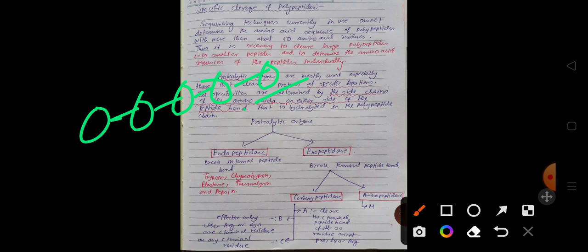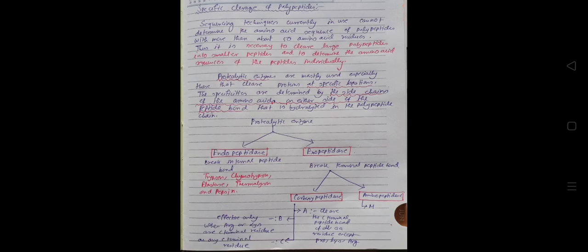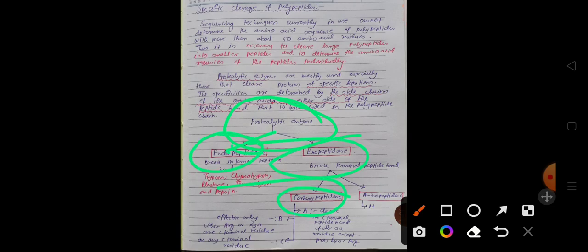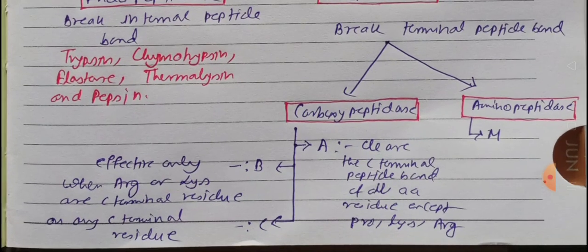So what we have to do is cleave it, not random cleavage but specific cleavage, so that we can get an idea about what type of amino acids are present in that particular protein, right? Then we learned that we will use proteolytic enzymes, which can be divided into endopeptidase and exopeptidase, carboxypeptidase, aminopeptidase. So that is the thing.